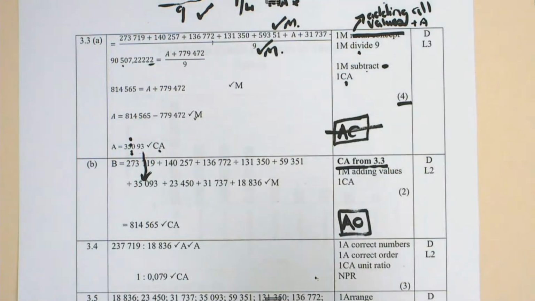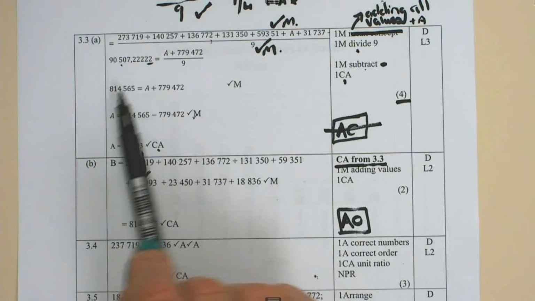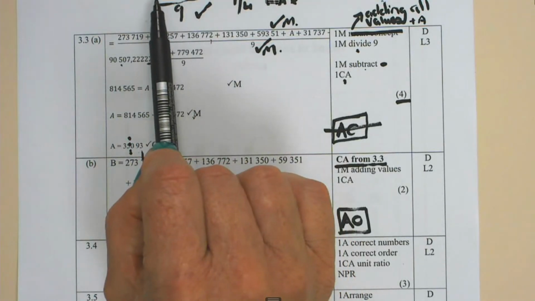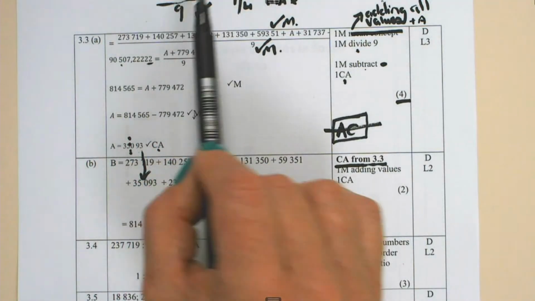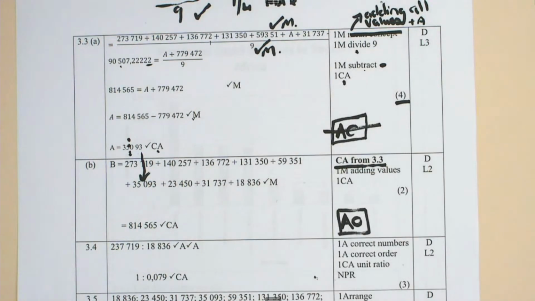Remember now that the learner will bring that value and add. So if the learner made a mistake, say for instance the learner said 779,472 divide by 9, and they have now an incorrect value that they bring down. Let us just see what that will be.